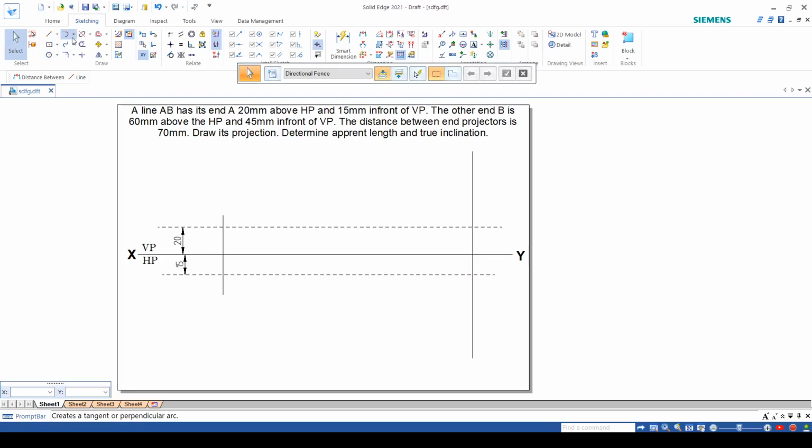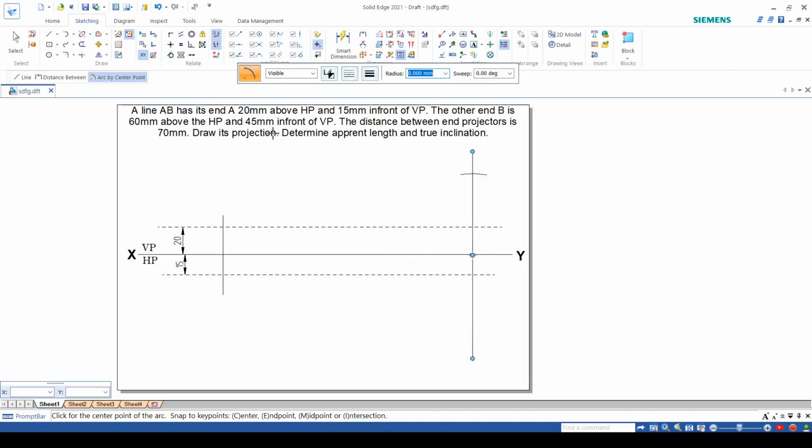Now take the compass and set the radius by taking the measurement of above HP, which would be 60 mm. From the point of intersection, I would take it like this, and you have to do this on this side also.